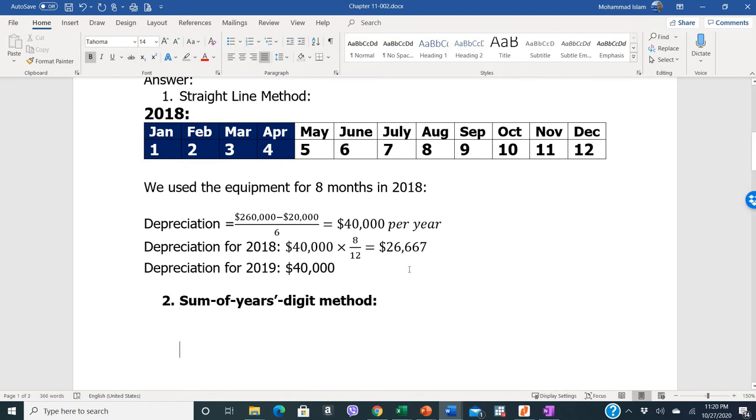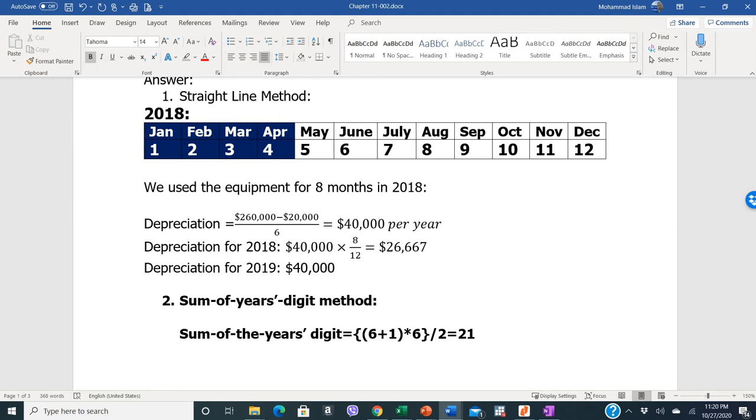The first step is to calculate the sum of the years digit, which is equal to 6 plus 1, multiplied by 6, and the whole divided by 2, which is equal to 21.